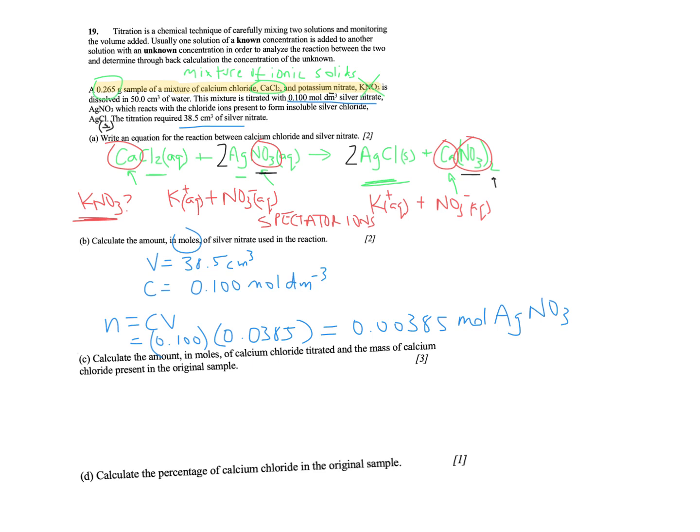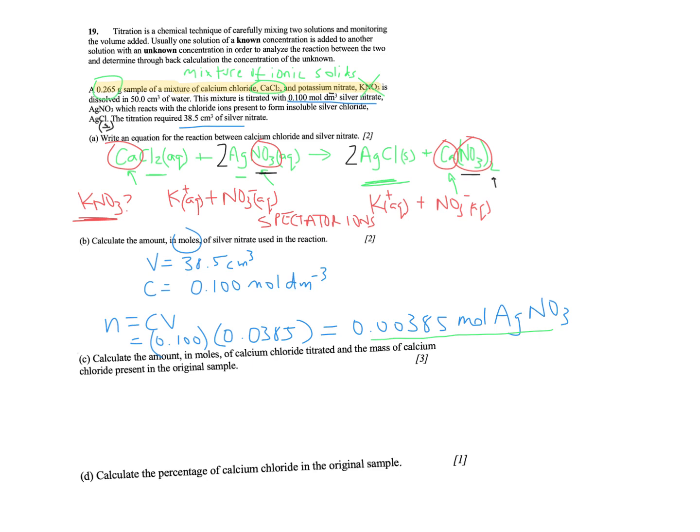Okay, here's where we're going to use what we just figured out about the silver nitrate and apply it to the calcium chloride. So if we had this many moles of silver nitrate, we have to look at the coefficients in the balanced chemical equation and say, how many moles then of calcium chloride are we going to get? We're going to get half as many moles, aren't we?